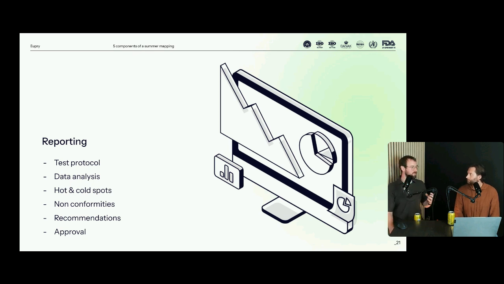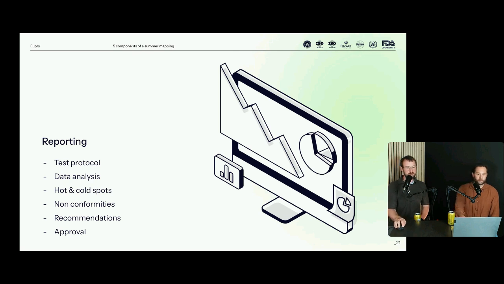Because also one of the key things is that a mapping is a point in time measurement. So any variations that we see, we must be able to justify, because that might just be a small variation we saw today, but when we remove the loggers, there'll be a large variation. So we also need to communicate in the report that we understand why the temperatures acted the way they did.